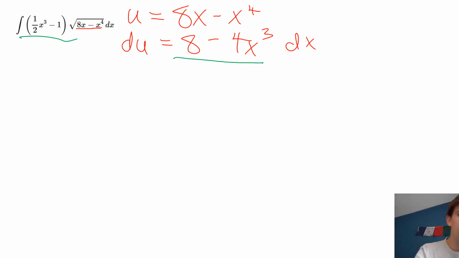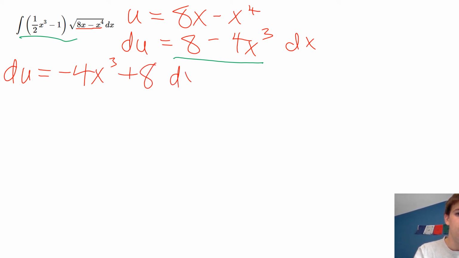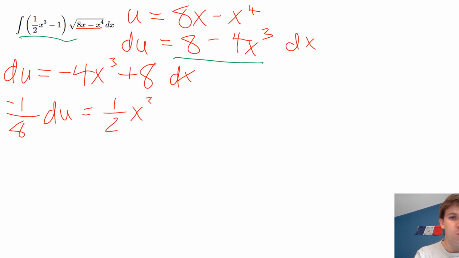First I'm just going to write it in a different order just so it's easier to see. So negative 4x cubed plus 8 dx. And then we see that if I divide each of these terms by 8, I'll get this, but the wrong signs. So I'll need to divide the whole thing by negative 8. So I'll have negative 1/8 du equals 1/2 x cubed minus 1 dx.